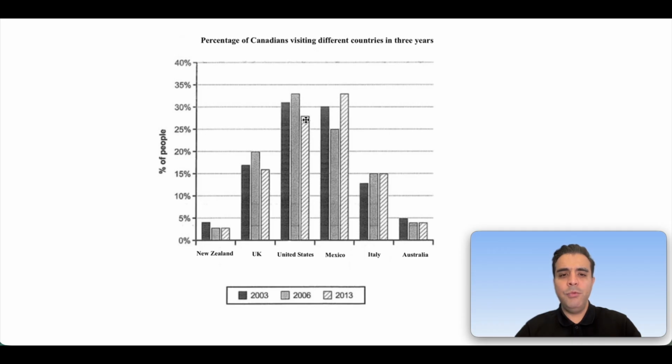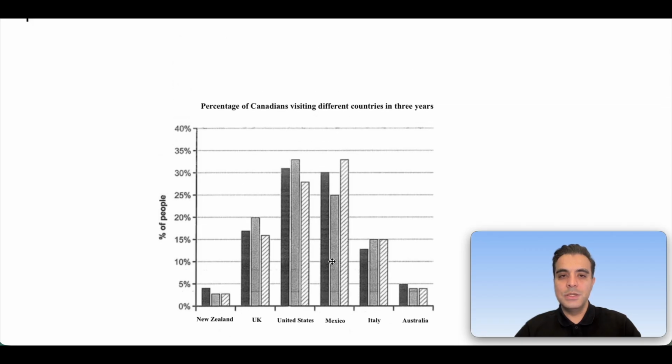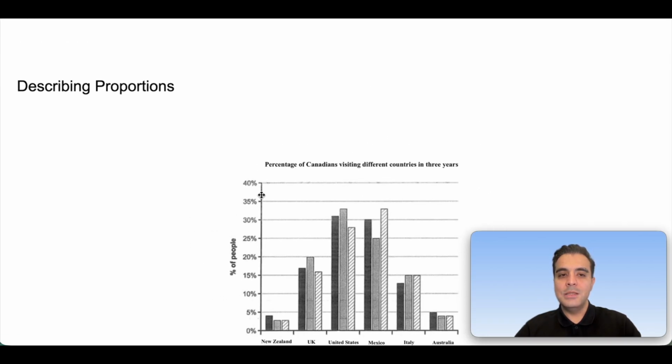So if we want to do that comparison, we can kind of see that the number of Canadian tourists who visited the United States was double the number of tourists from Canada who decided to go to the United Kingdom. So when I say proportions, when I say I want to look at describing proportions, this is what I mean.